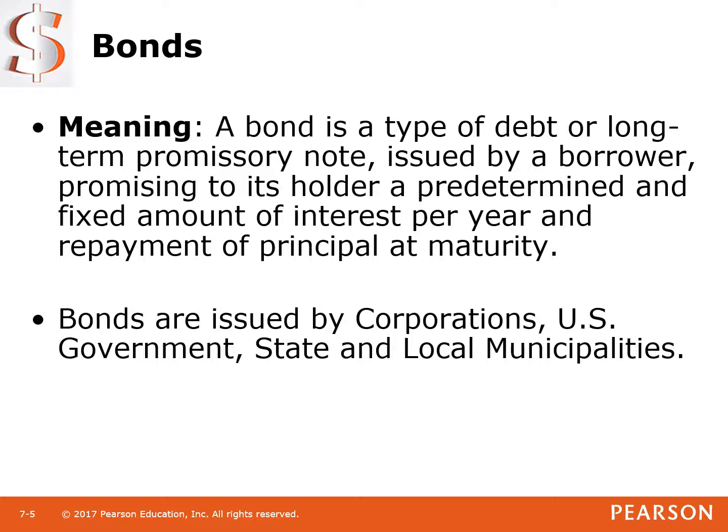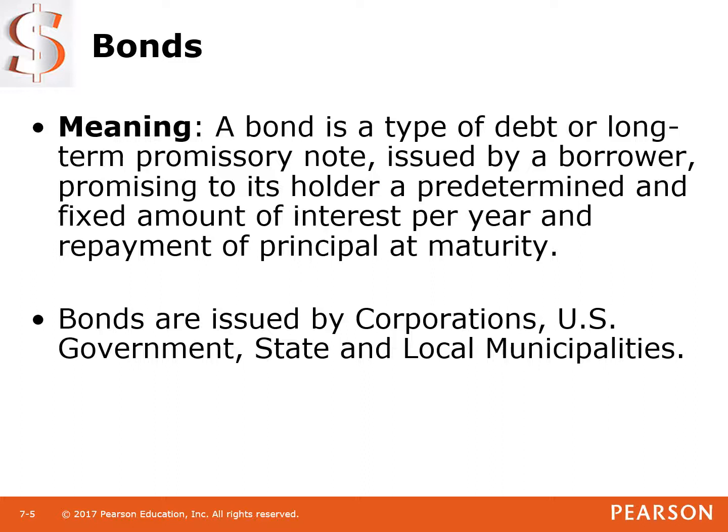It's packaged so that it could be bought and sold. So when someone in the public loans a company money, they're actually purchasing a bond, and then they own it. Now, when you loan someone money, normally you have to wait until the loan matures to get your money back.